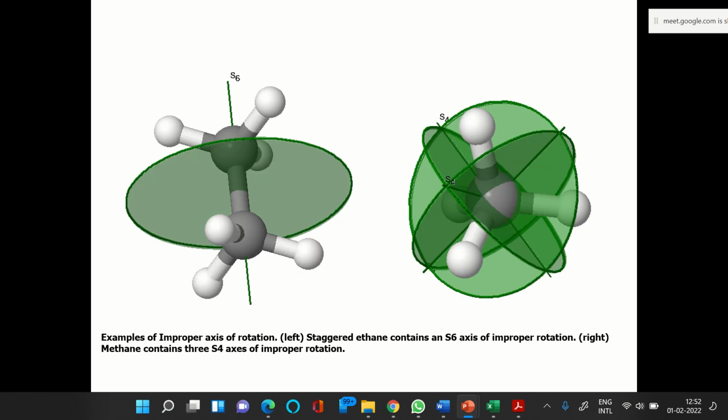Okay, so this is the S6 axis that is present as an improper axis, and methane we have already discussed. In case of methane there was no C4 axis, although... so it might be a situation in some molecules which do not have sigma h planes, that there might be a combination of rotation plus sigma h which is a symmetry operation.